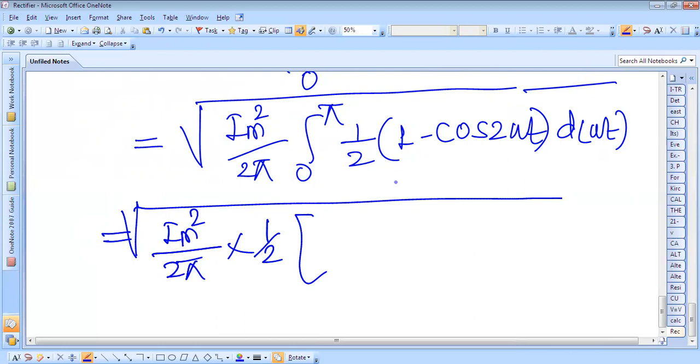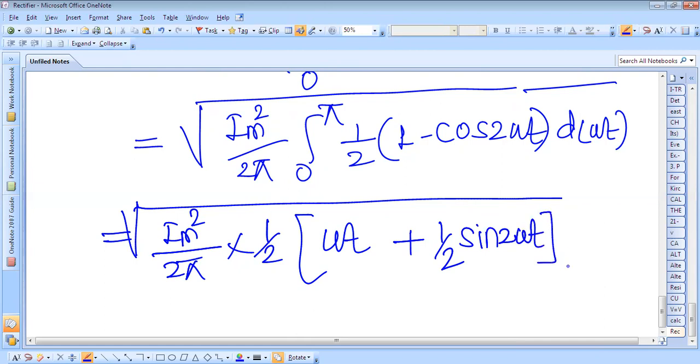The integration of 1 with respect to d omega t is omega t, minus the integration of cos 2 omega t, which is half sine 2 omega t, with limits 0 to pi.